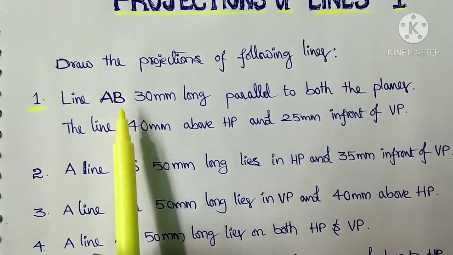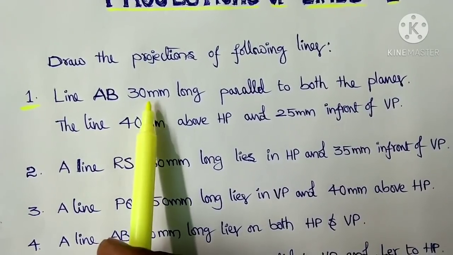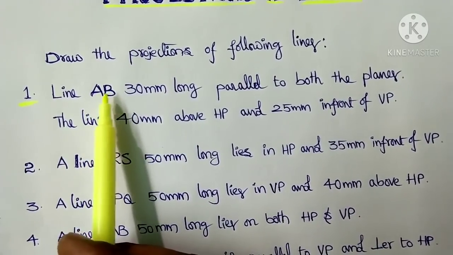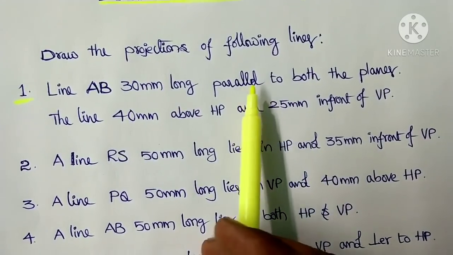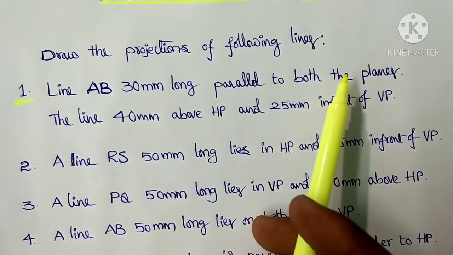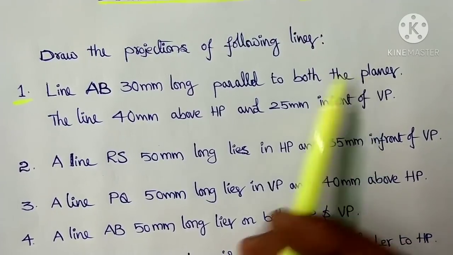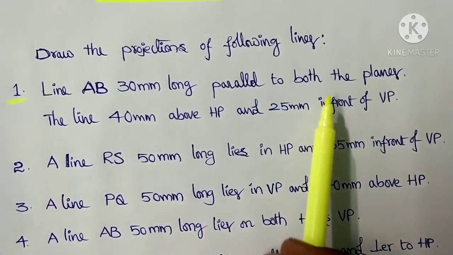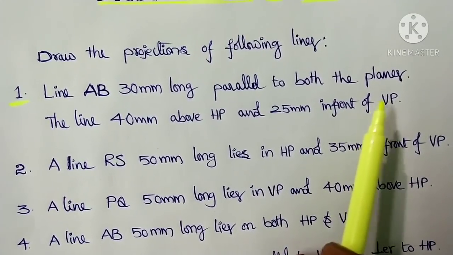Remember these points here: length of the line, that is 30 mm, and actual naming, that means AB, both endpoints of the line. And the condition is that it is parallel to both the horizontal plane and vertical plane, both the planes. And that line is 40 mm above HP, similarly 25 mm in front of VP. These are the conditions.